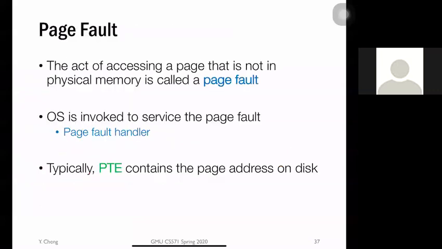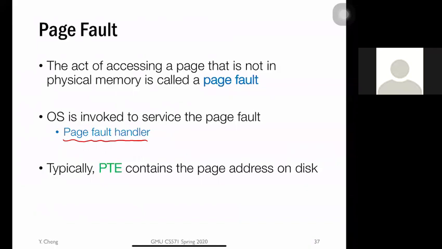Next, what exactly is a page fault? A page fault is the act or the operation of accessing a page that is not currently within the physical memory. And this whole act is called a page fault. The operating system is invoked to service this page fault in terms of a page fault interrupt, and the interrupt is handled by a handler, which is called the page fault handler.